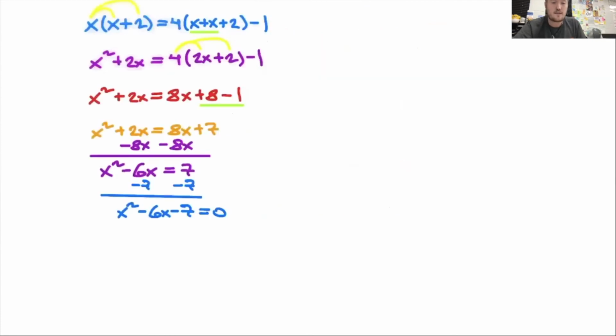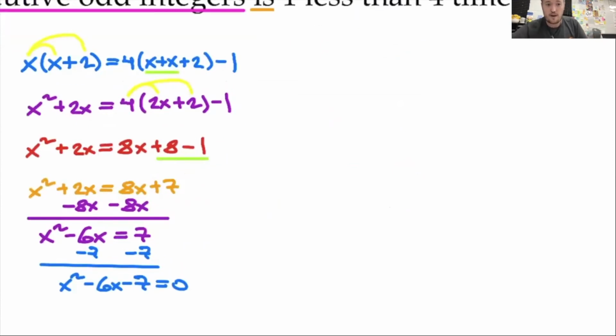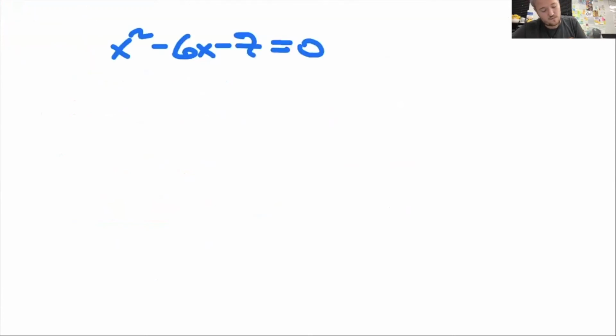And now that I have it in standard form, now you can kind of pick and choose which method of solving you want to do. So whether you want to do factoring, whether you want to do completing the square, quadratic formula, or whatever. So because the last one we kind of cheated our way out of quadratic formula, then I'll go ahead and do that one. All right, so my A value is 1, B value is -6, and C value is -7.